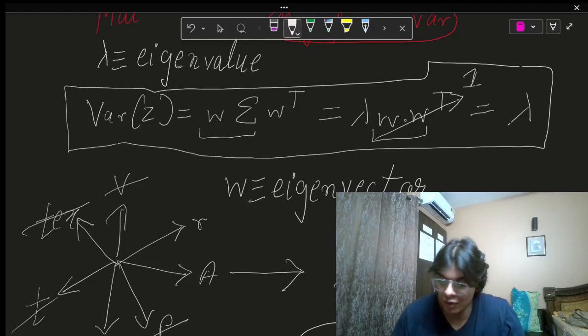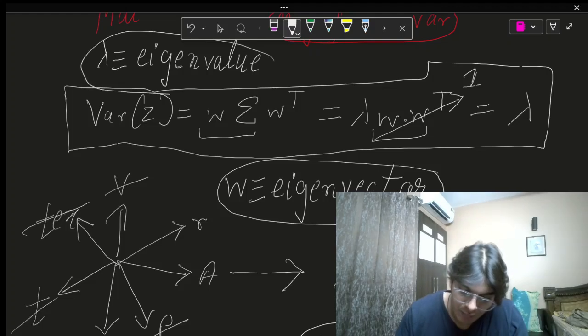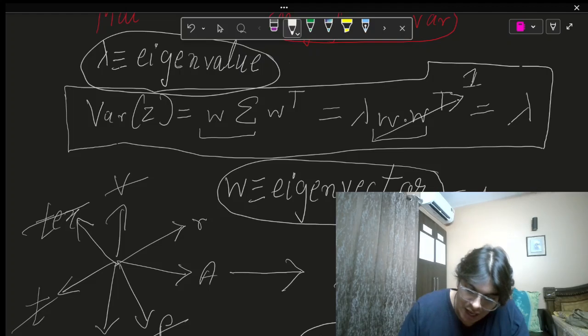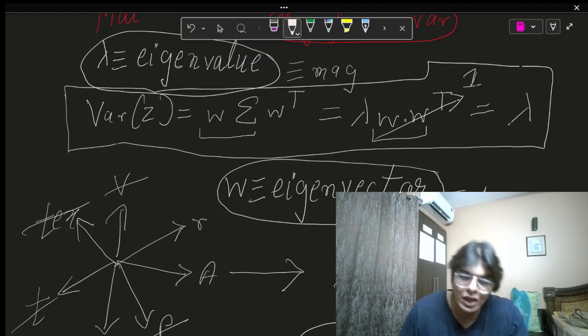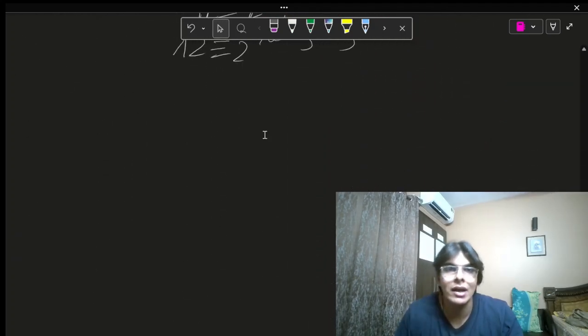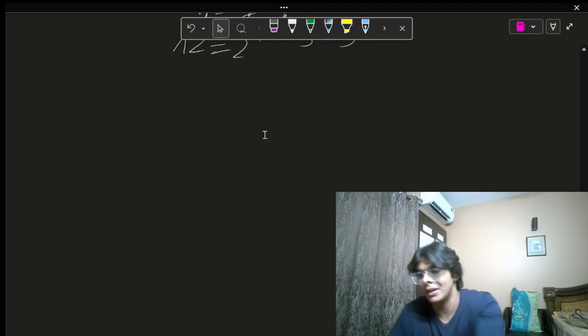Just remember for right now that the eigenvector and eigenvalue are very important in PCA, because the eigenvector represents the direction of maximum variance. When we have the direction, we need the magnitude as well, and the eigenvalue represents the magnitude. So if you have these two values, you have all that you need to find the direction and magnitude for maximum variance.